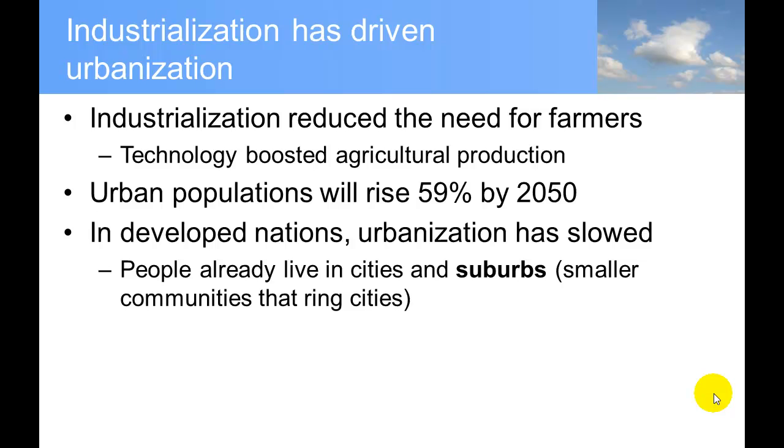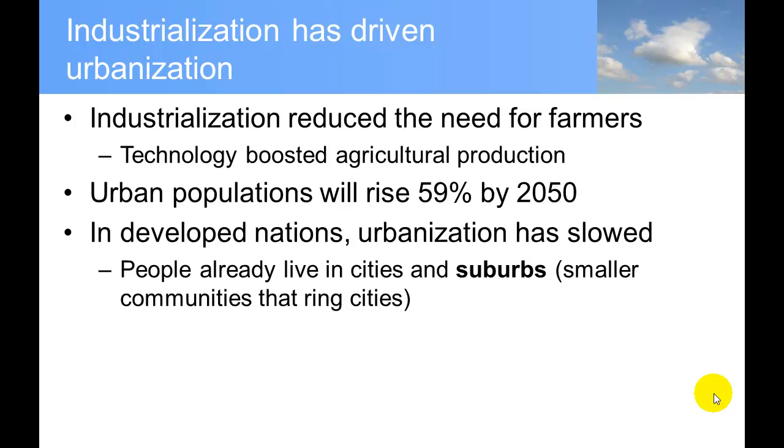Urban populations have been rising steadily throughout the world and are expected to rise by 59% by the year 2050. In developed nations, urbanization has somewhat slowed. People are moving out of the center part of the city, the urban core, the actual city itself, and towards the suburbs, which are smaller communities that ring the cities.